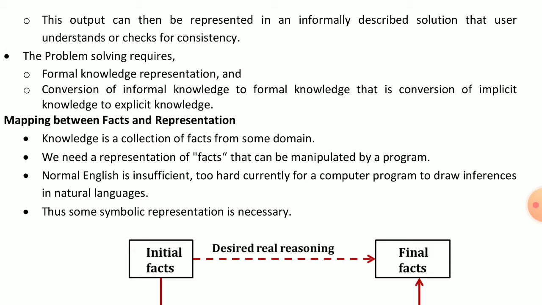So here we check the output: our problem is what, and is the output the problem's solution or not. Then problem solving requires formal knowledge representation, and second is conversion of informal knowledge to formal knowledge, that is, conversion of implicit knowledge to explicit knowledge.